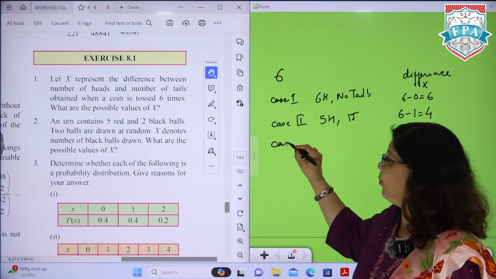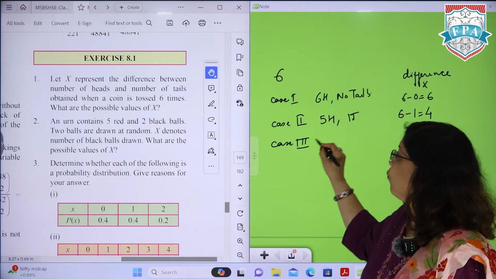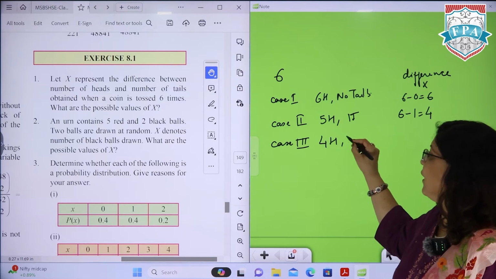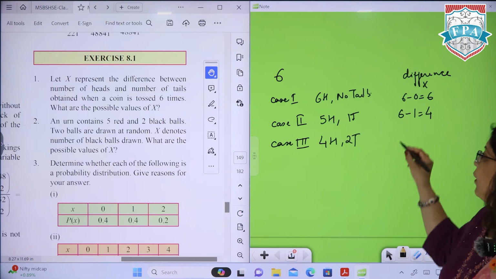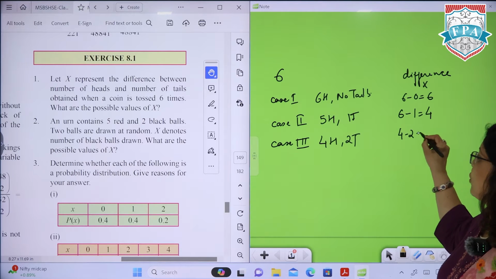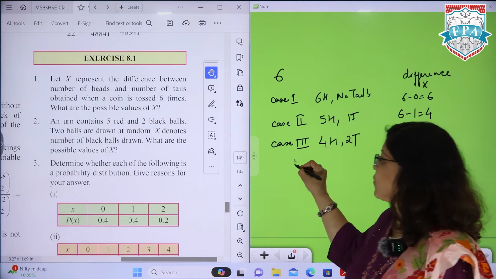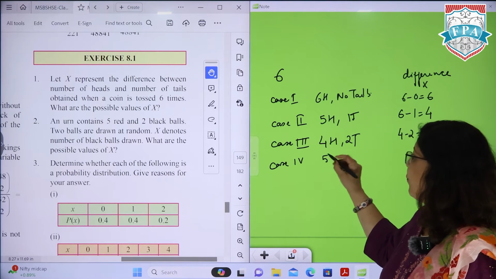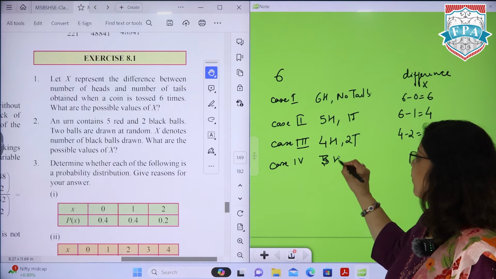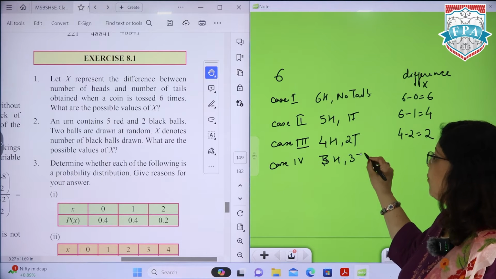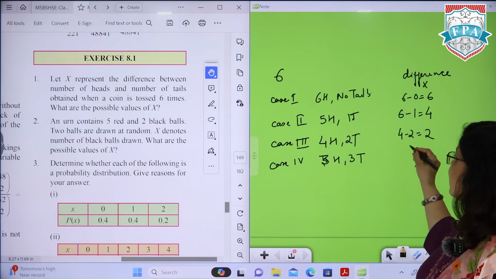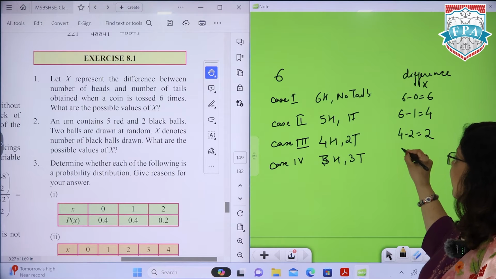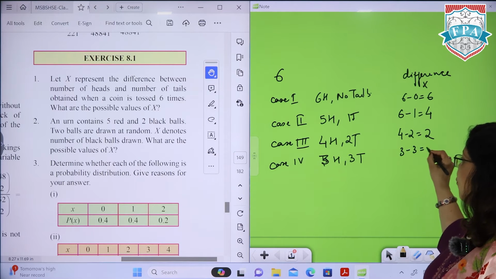Case 3 can be 4 heads. So automatically tails कितने हो जाएंगे आपके 2. So we'll get 4 minus 2 which is 2. Then case 4 will be 3 heads. So we are getting 3 tails. In that case the difference is going to be 3 minus 3, 0.